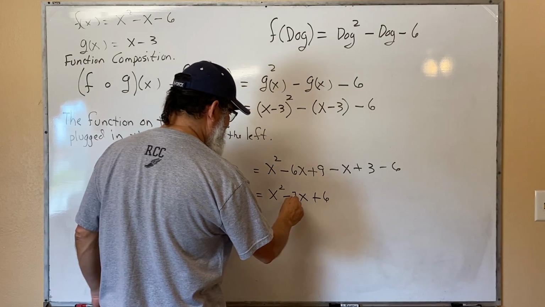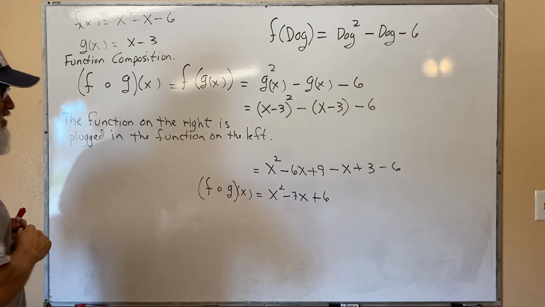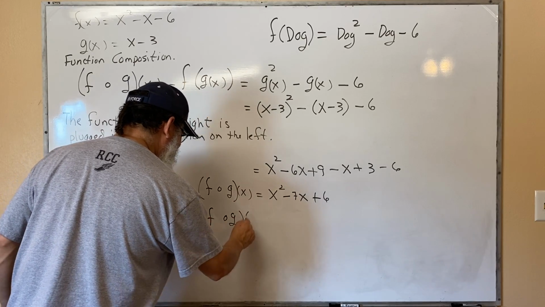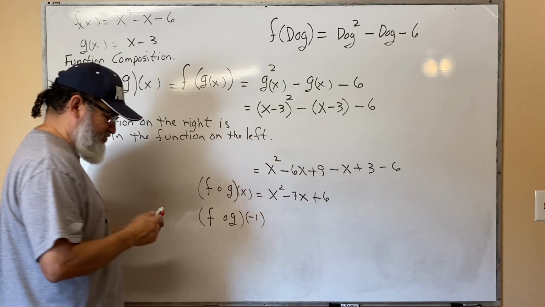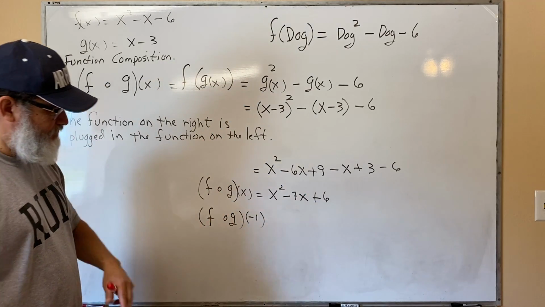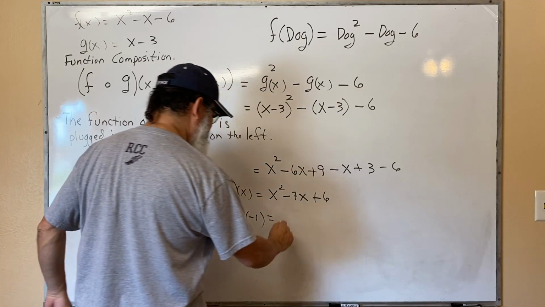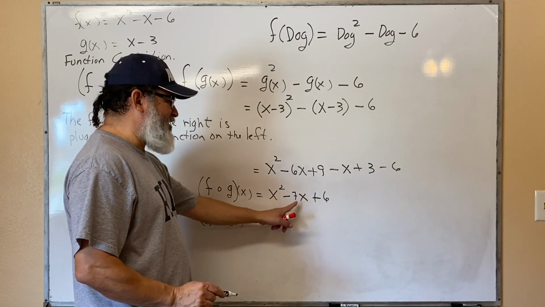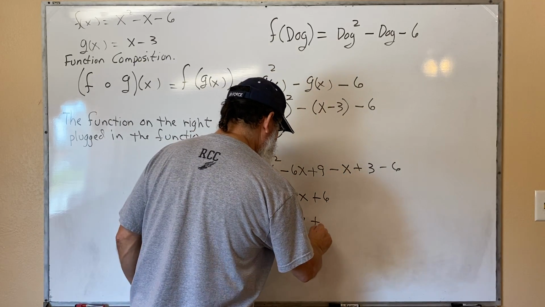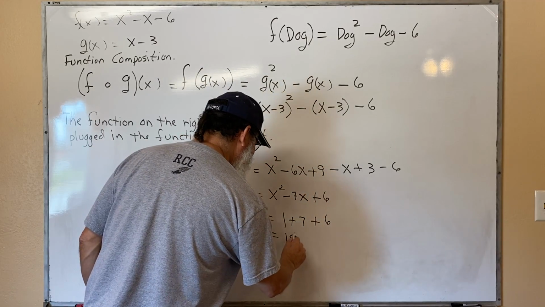Now we can ask the question. What is f of g of -1? Okay. Plug it in. What's -1 squared? 1. What's -1 times -7? 7. Plus 6. Which is what? 14. Yep.